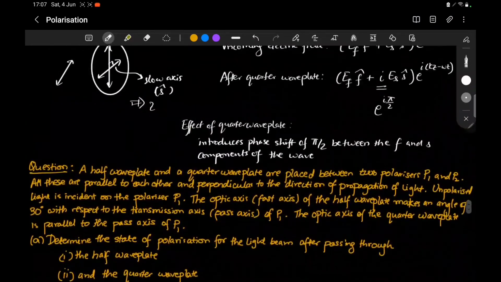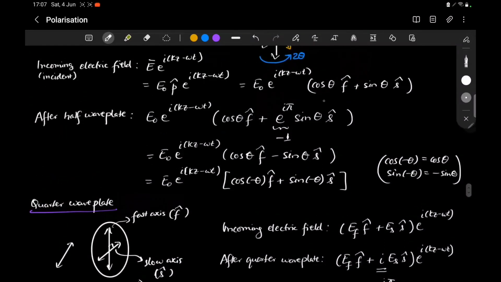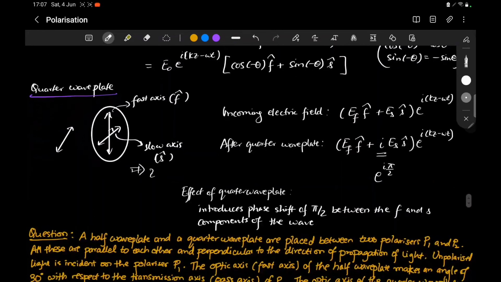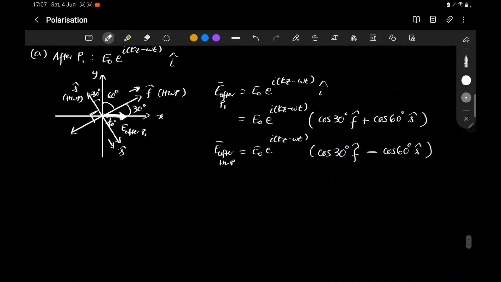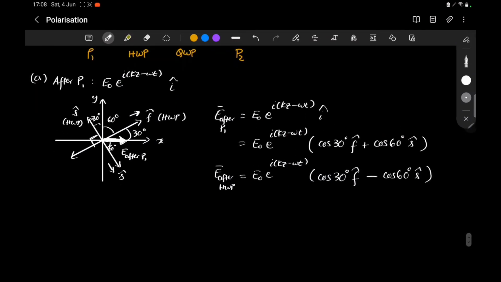We can have a look at it again. So if this was the incoming beam, cos theta F cap plus sin theta S cap, then after the half wave plate, we have cos theta F cap minus of sin theta S cap. So same thing we have written over here. So this is electric field after the half wave plate.